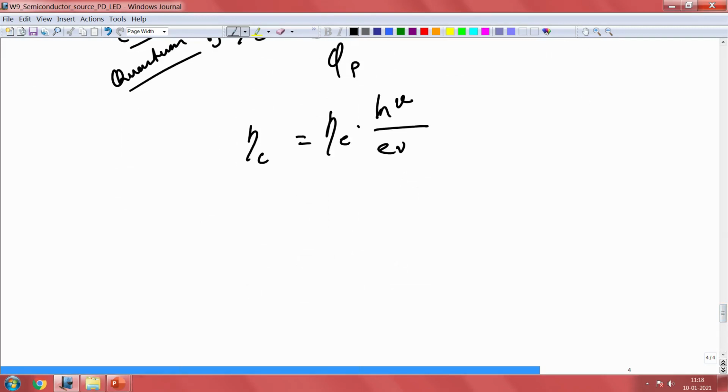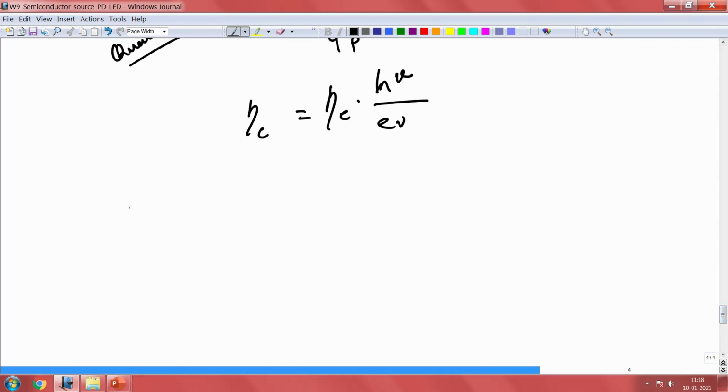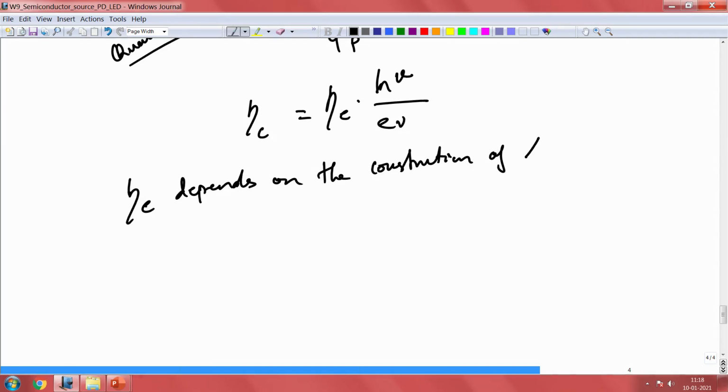Let us look at a very simple cross section that we saw earlier. So, external quantum efficiency depends on the construction of the LED. In principle, this also applies to lasers, or any source for that matter. So, how do we construct this?